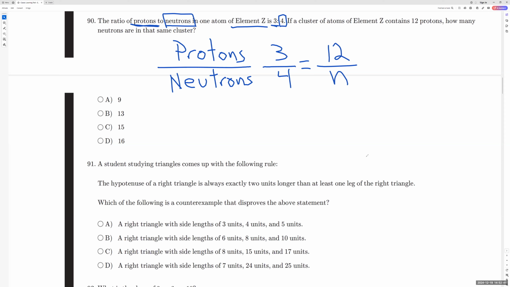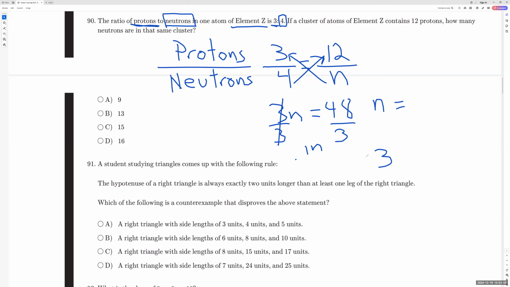The way to solve it is to cross multiply. So I'm going to multiply 3 times n, which is 3n, and 4 times 12, which is 48. Obviously, divide by 3, divide by 3, no calculator, so n is going to be equal to, let's do this, a fraction is in over out, so out goes the 3, in goes the 48, and then we divide. 3 goes into 4 one time, 3 times 1 is 3, which we're gonna make negative, and so we get 1.